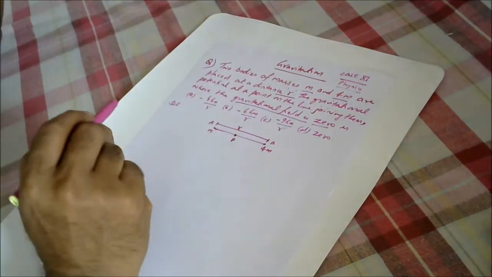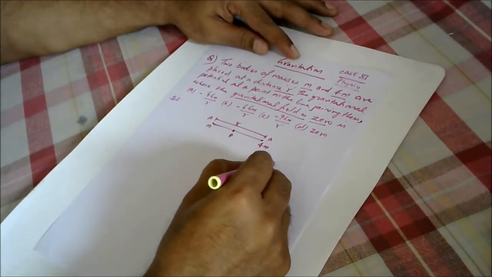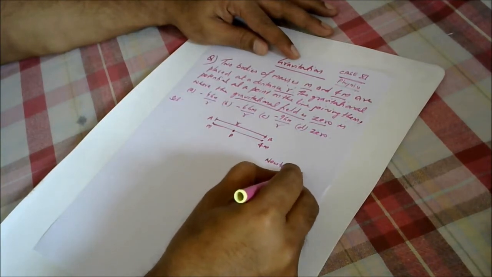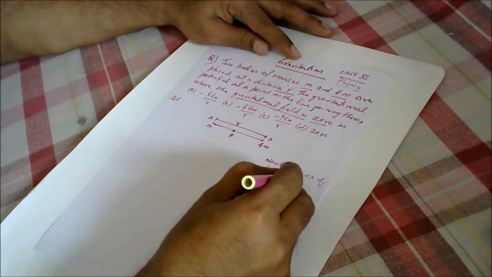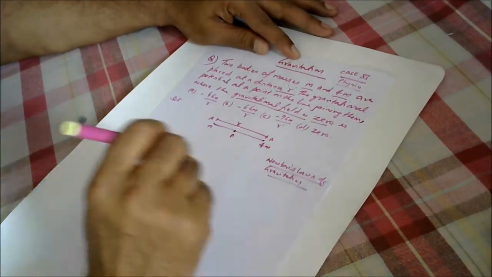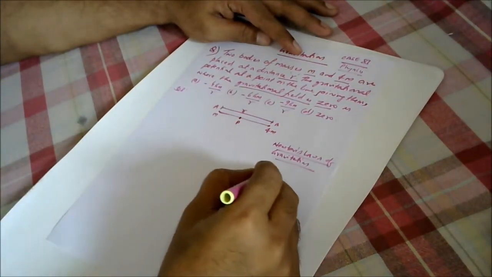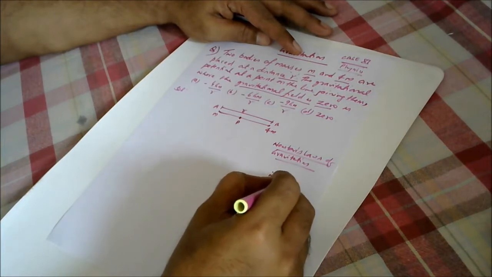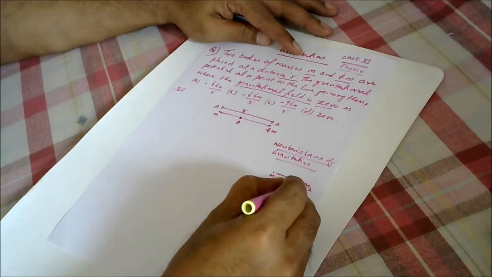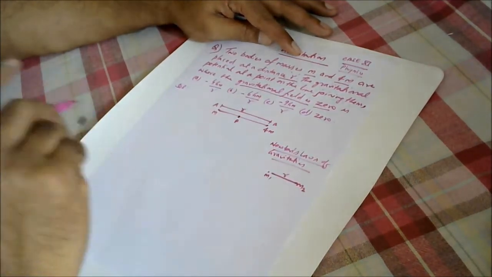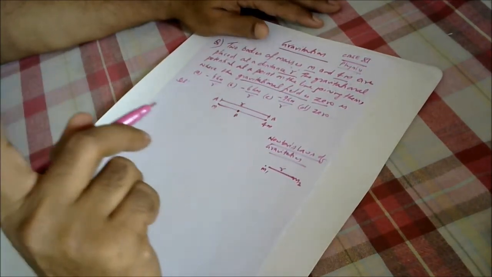Right. So we have already studied Newton's laws of gravitation. What we have studied is that if two masses m1 and m2 are separated at a distance r, then there will be a force of attraction between them. Gravitational force is always a force of attraction.